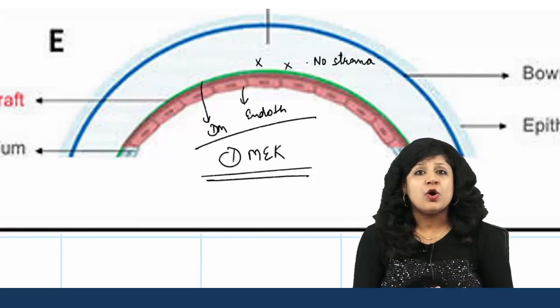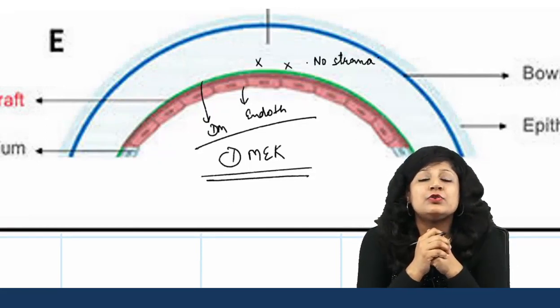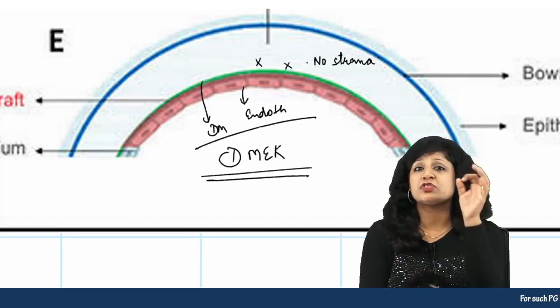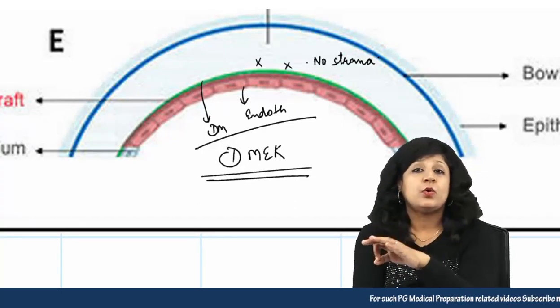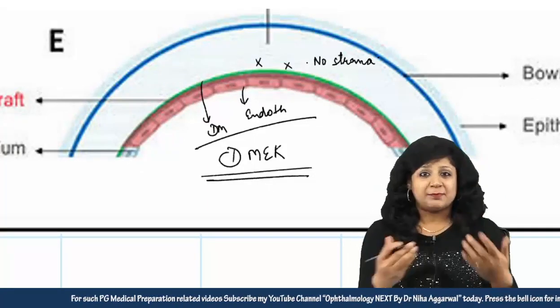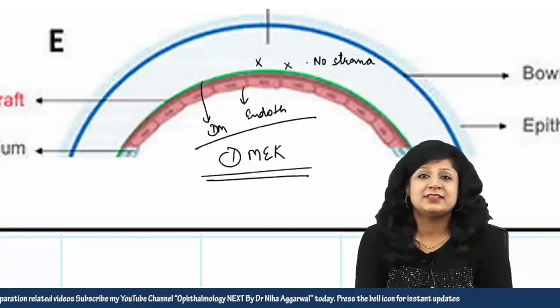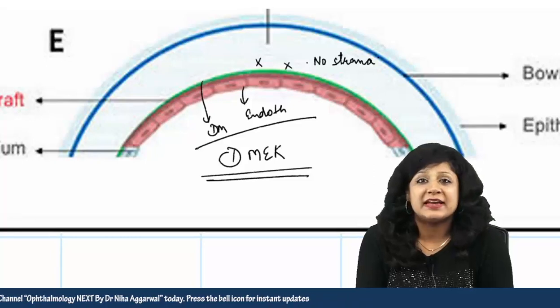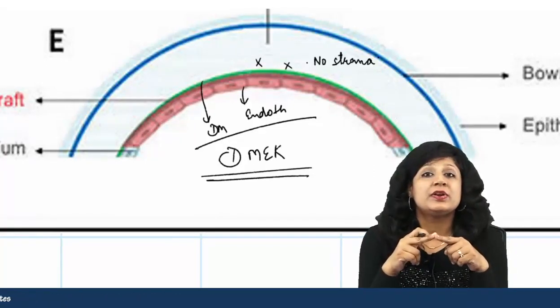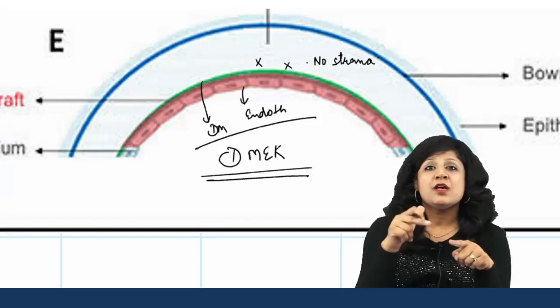So I hope now it's very, very clear. How will you identify from the images? First of all, the things should be clear in your mind, because if your theory is good, only then you would be able to comprehend with the images. A popular saying: your eye sees only what your mind knows. So now you will be able to correlate well your theory with the help of images.